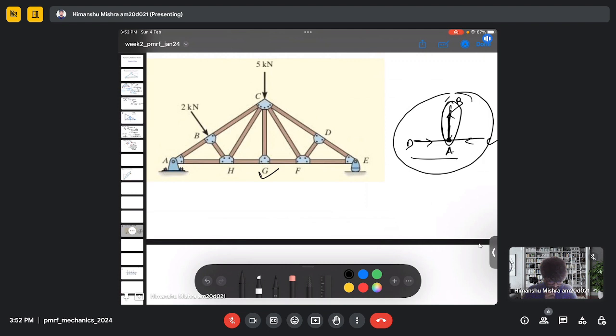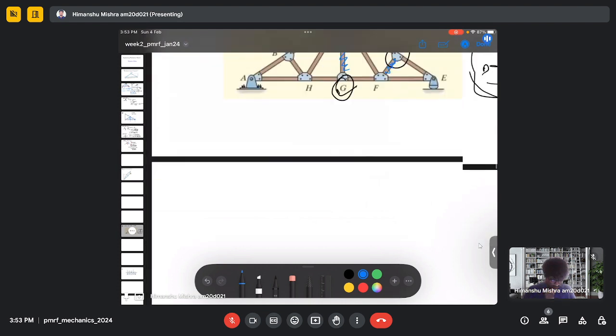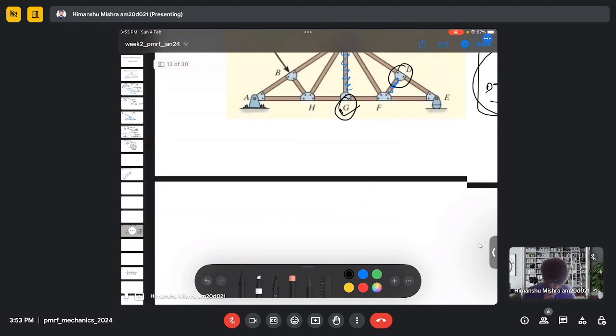So here this joint and this joint, we have a configuration like this. So we can actually conclude that the force in this member GC and in this member FD are zero force members. So that we can look by the equation as well.